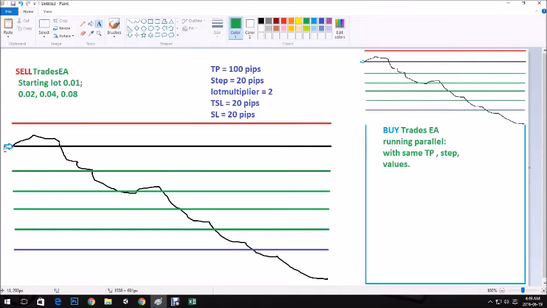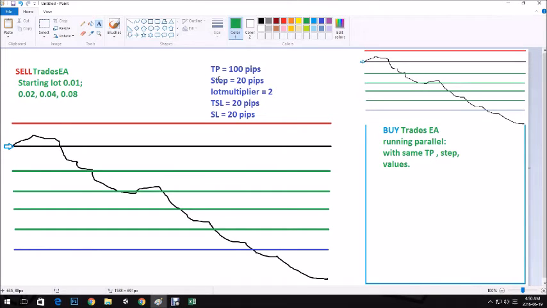This is our entry point. This is our stop loss for our first trade, which is 20 pips stop loss, and between this line and this line is a gap of 20 pips, which is our step. This line and this line are 20 pips away from each other, and this blue line here is our target for our first trade.